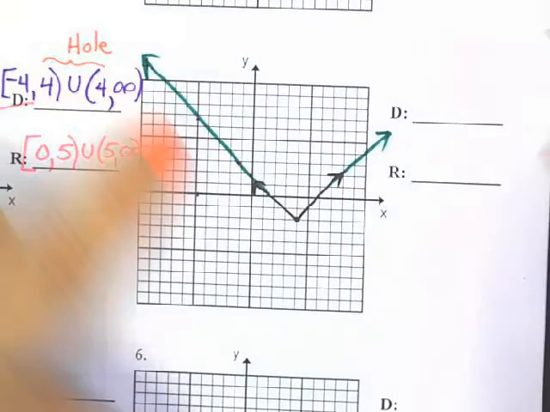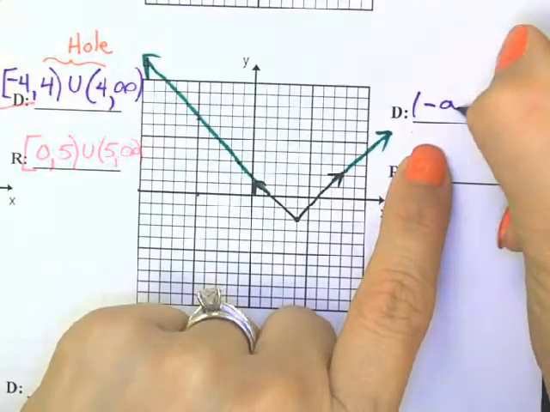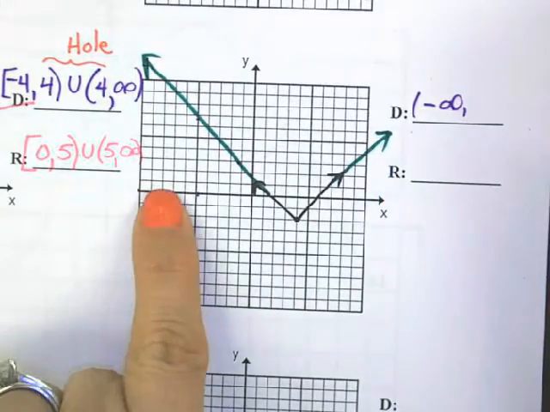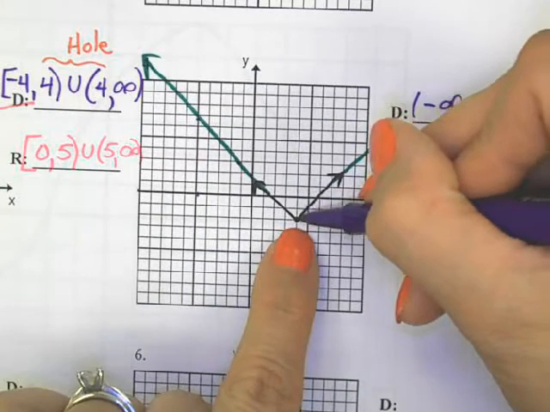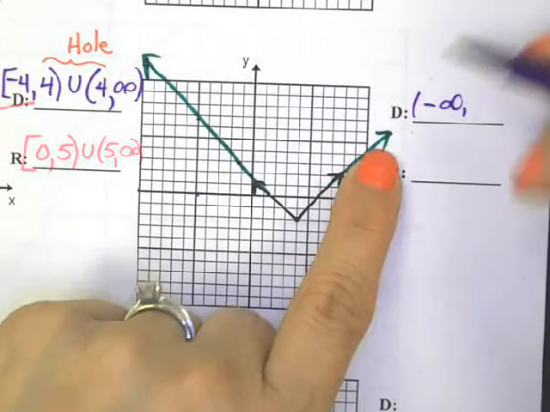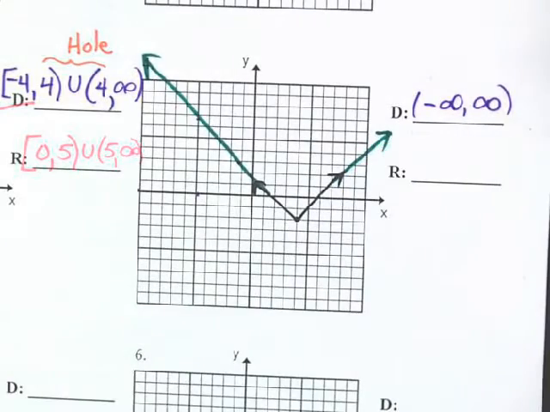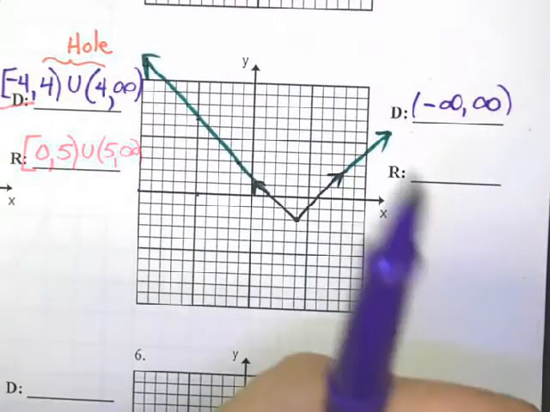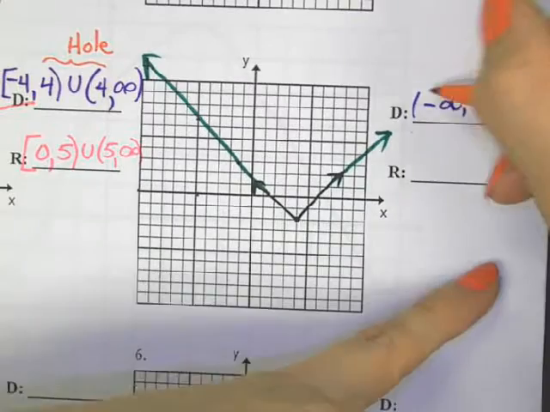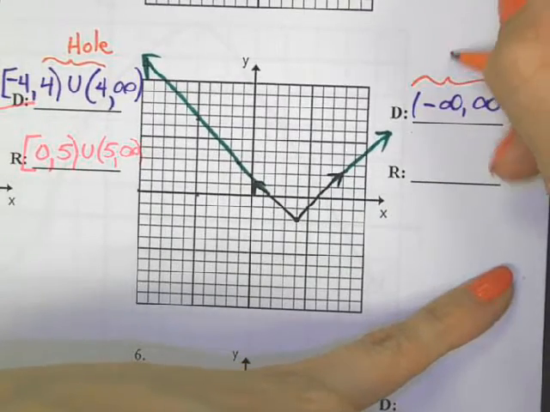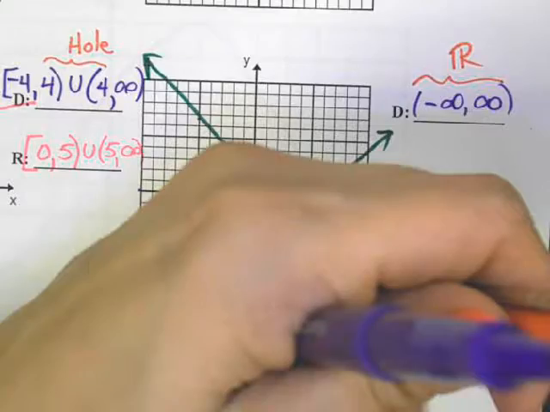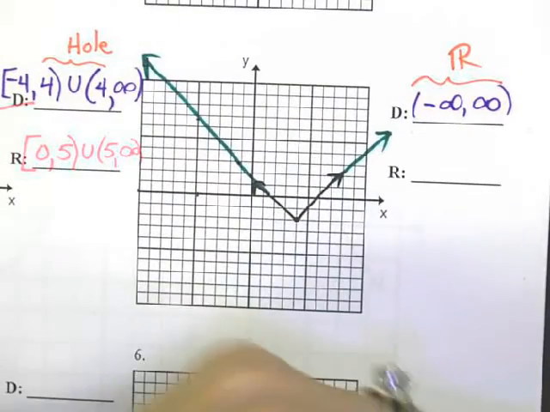Oh, it looks like it's going forever. So negative infinity all the way. Using 4, 5, 6, 7, all the way to positive infinity. There is another way to write that. If you don't want to write negative infinity to positive infinity, you can instead write all reals. A little faster. Either one is perfectly acceptable.